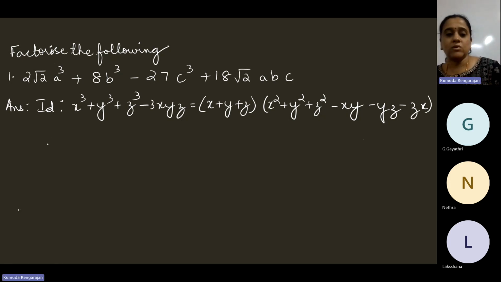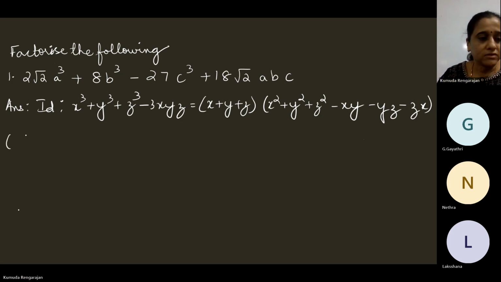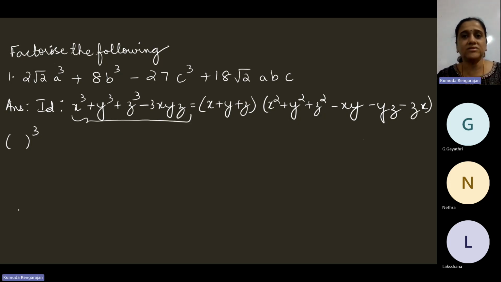Now I'm going to use empty brackets. I'm going to write the signs using the left-hand side of the identity, not the question. So what do you have in the identity? x cubed. I don't know what x is, but cubed is fixed. Plus, in the identity it is a plus, so put a plus sign. y, I have to find what y is, cubed.